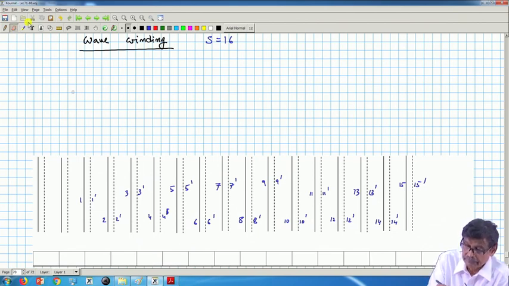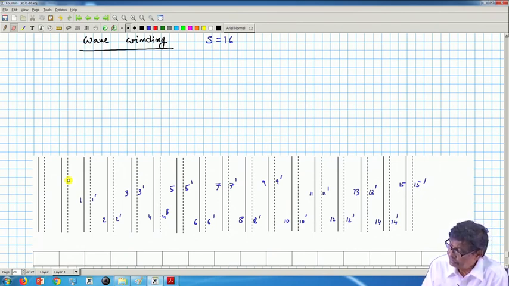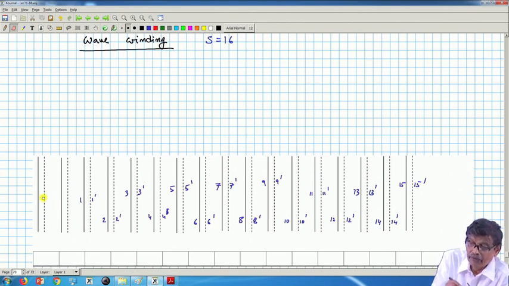It will be erasable. 4, 5, 6, 7, 8, 9, 10, 11, 12, 13, 14, 15. Okay, I will say suppose 16 slots are there, then this is 16, this is 16 dashed, and this is not there.